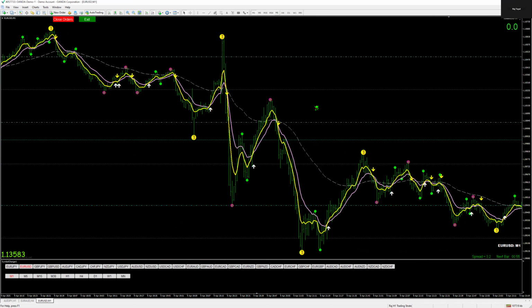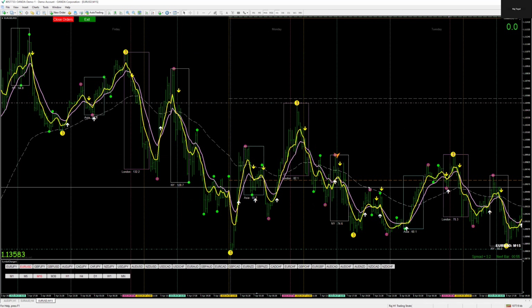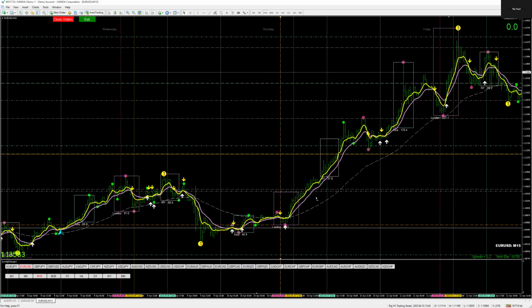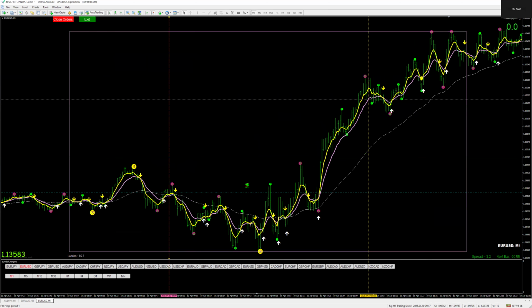Let's drag it to the 1 minute chart properly. There you go, 1 minute. If you want to scalp this, right, wait for the 3 ball to be over and you go arrow to arrow, okay? Arrow to arrow, arrow to arrow, like that.